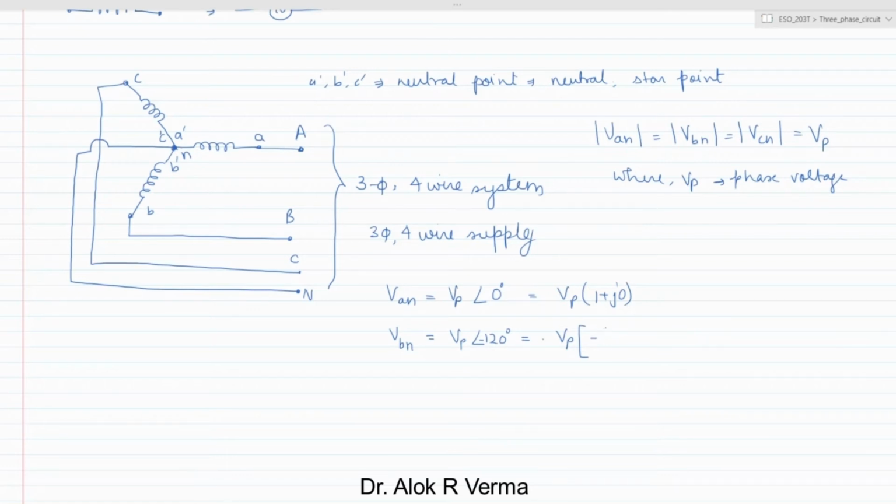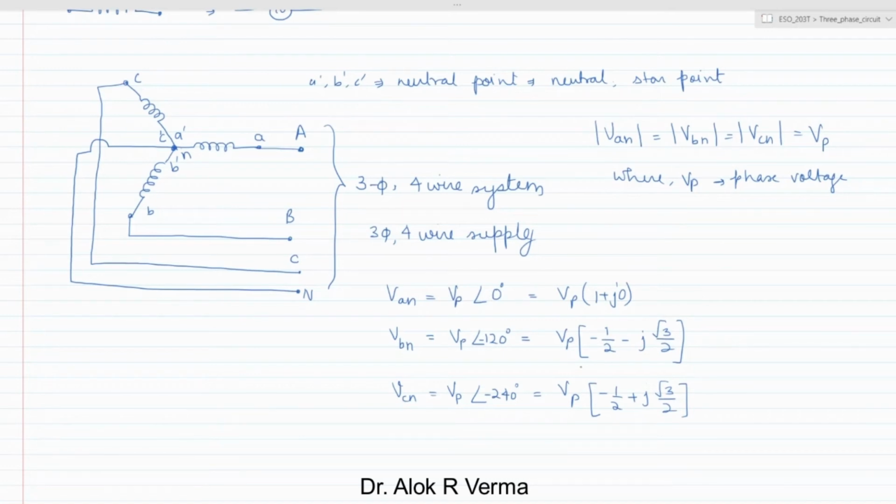In Cartesian form this can be written as VP times (minus 1/2 minus j root 3/2). Similarly, VCN is VP angle of minus 240 degrees, and in rectangular form we get minus 1/2 plus j root 3/2. So these are the three voltages.